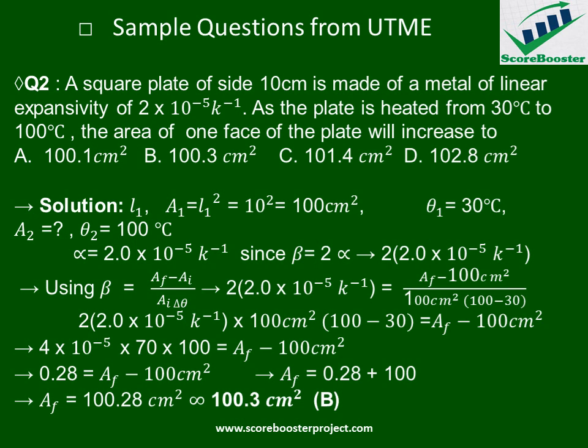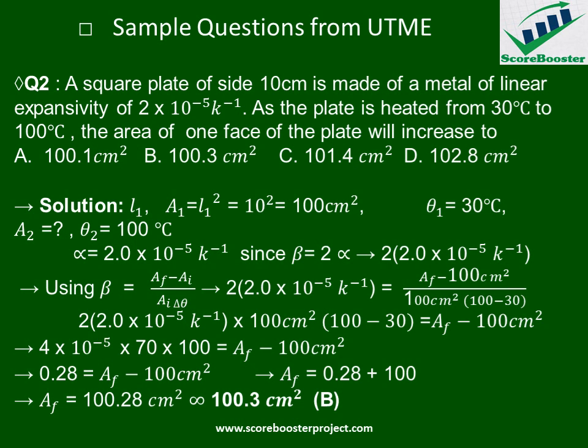Then times 100 centimeters square into 100 minus 30 will give us 70. So when you evaluate this, the left hand side at the end of the day with a calculator, we get 0.28, which is equal to the right hand side, that is our AF minus 100 centimeters square.